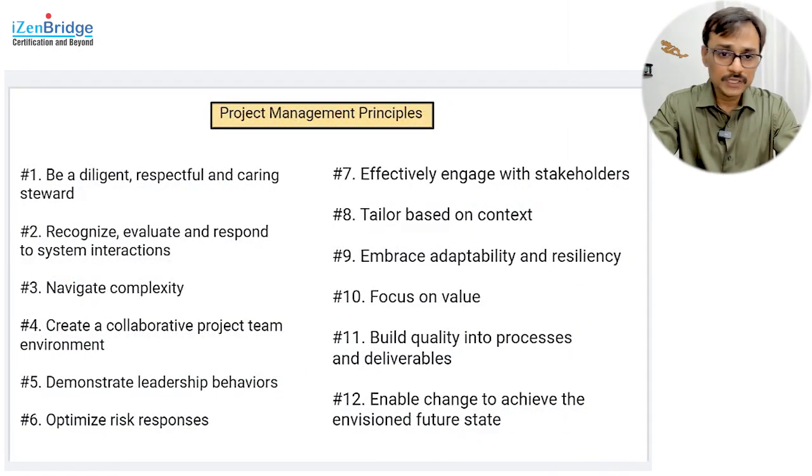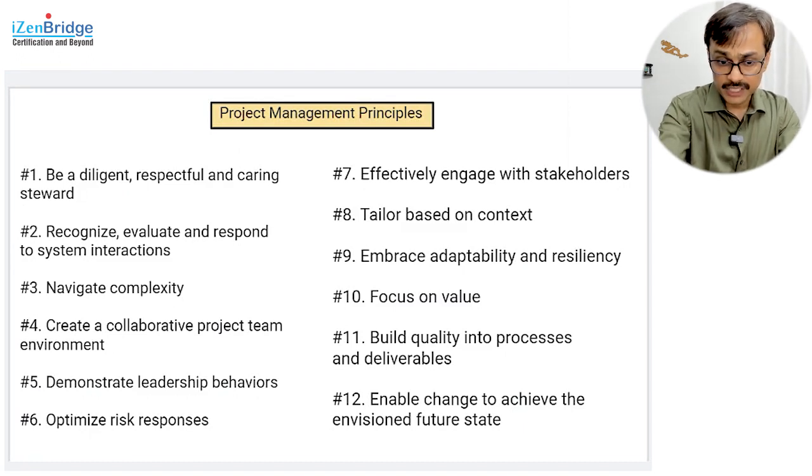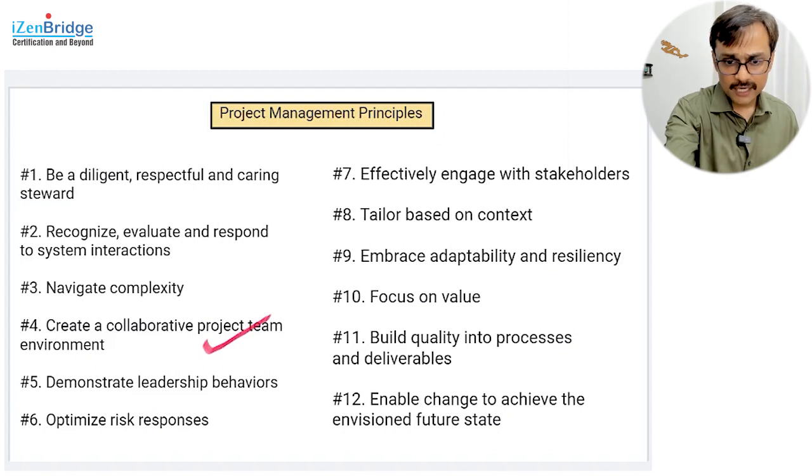And as usual, if I refer you back to the principles, as we discussed sometime before as well, most of these principles which are falling under the people domain will keep talking about creating a collaborative project team environment. So yes, in order to empower team and stakeholders, I need to create a collaborative environment. I need to be a respectful, caring steward. So I need to focus on servant leadership.